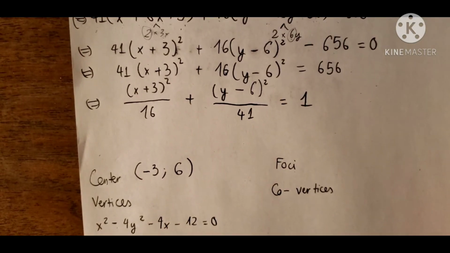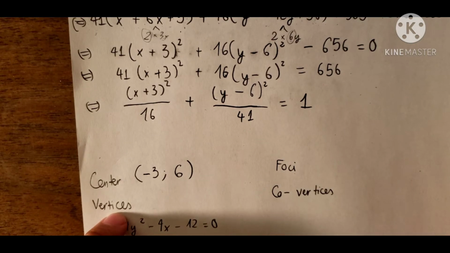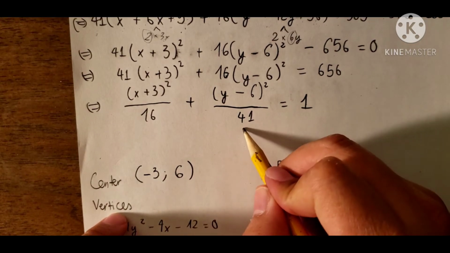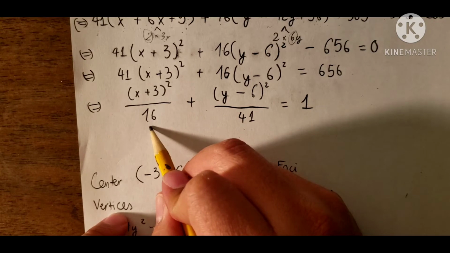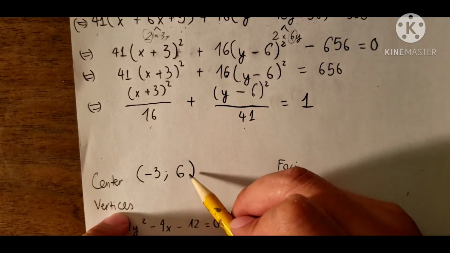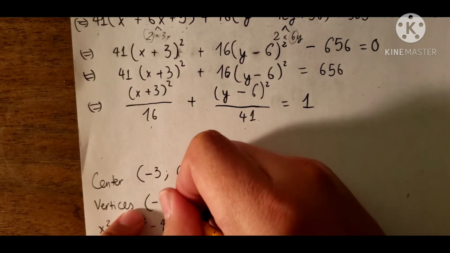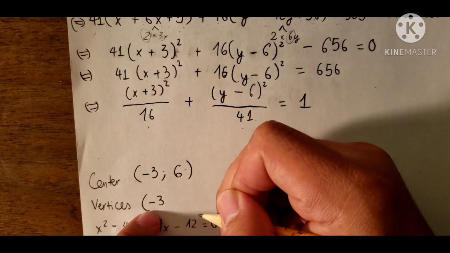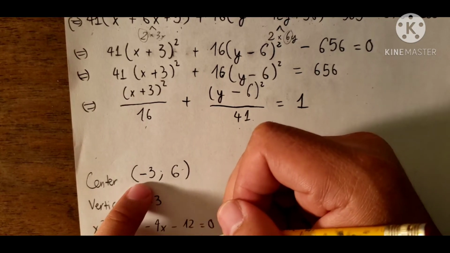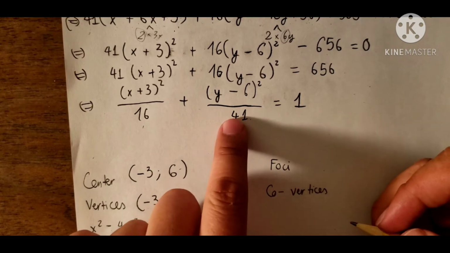The next one, we need to find the vertex. The vertex is along the longest one. We see that 41 is higher than 16. So the vertex here should be along y, and we keep the x as minus 3, because it is about x, so we need to change the y here.